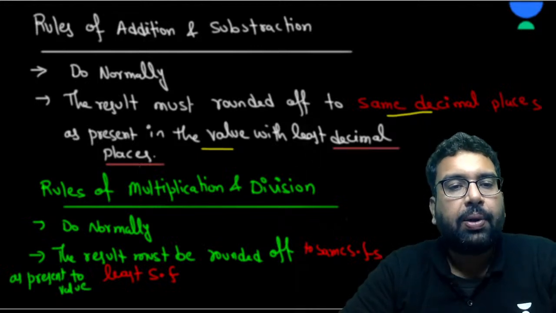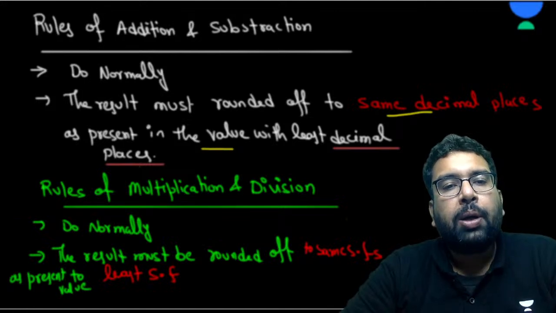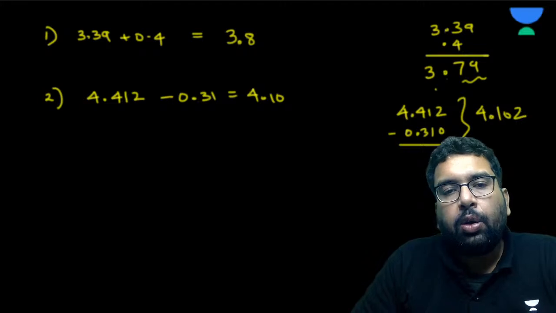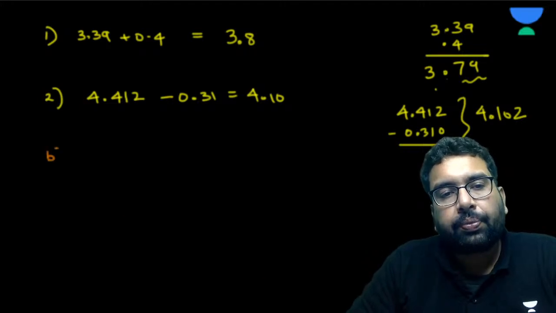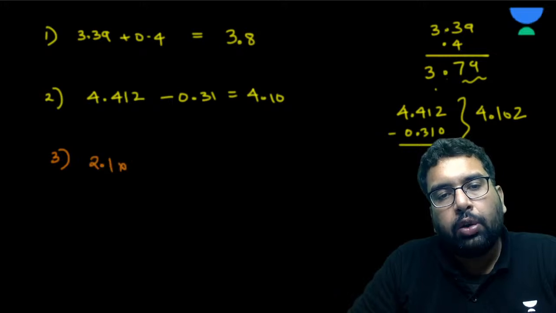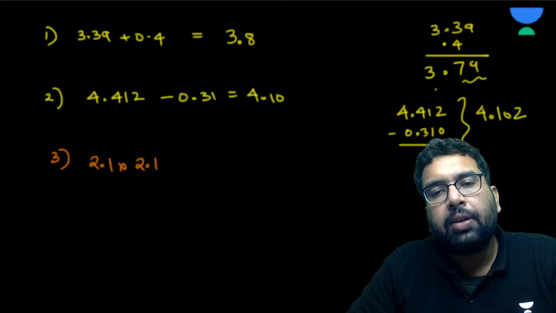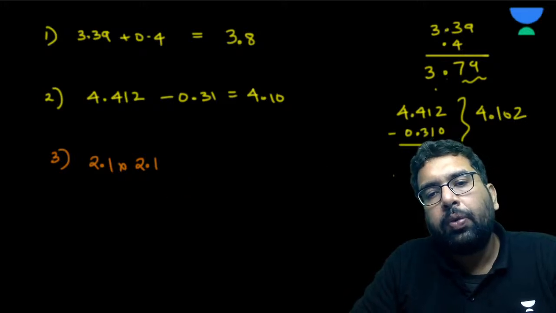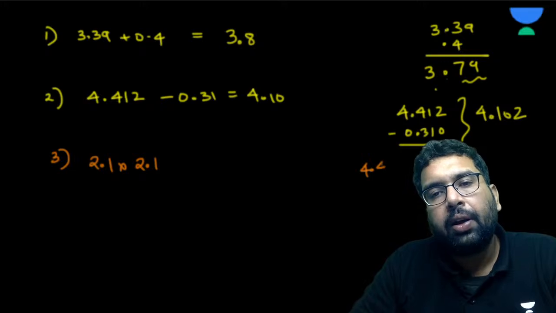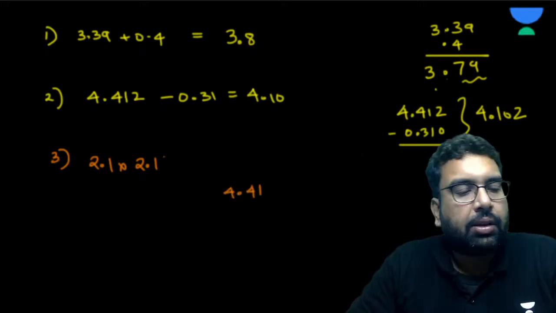For example, if I multiply 2.1 with 2.1, you do the normal multiplication and you get 4.41. But can it be the answer? No, sir.